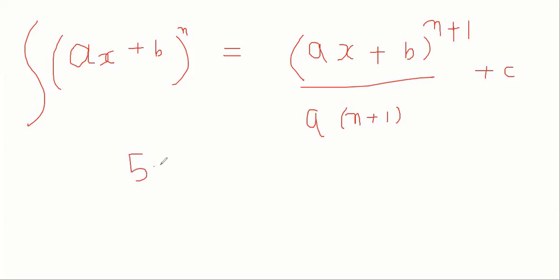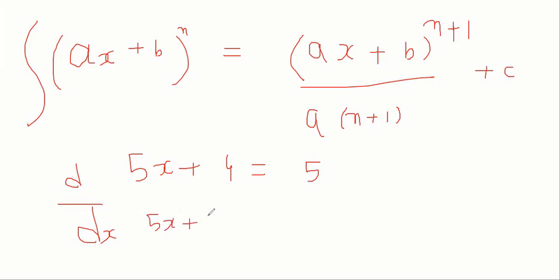Because see, 5x plus 4. What is the differentiation of this? Tell me, Maharshi. Differentiation is 5, right? If I give a question as differentiation of 5x plus 5, correct.